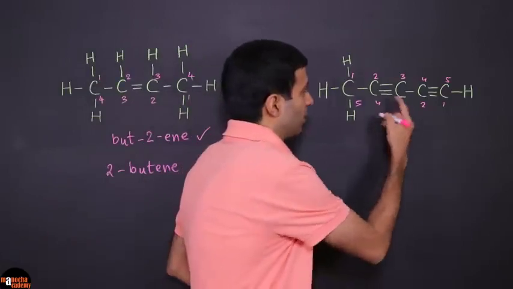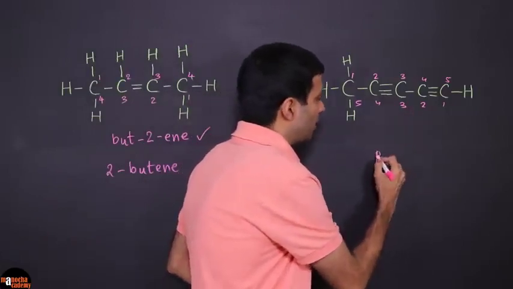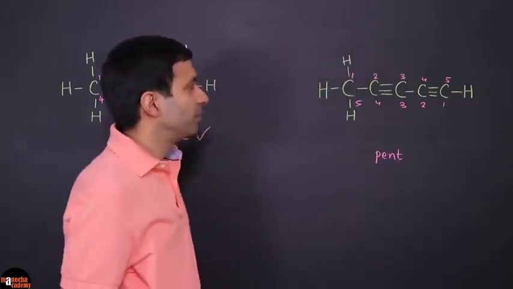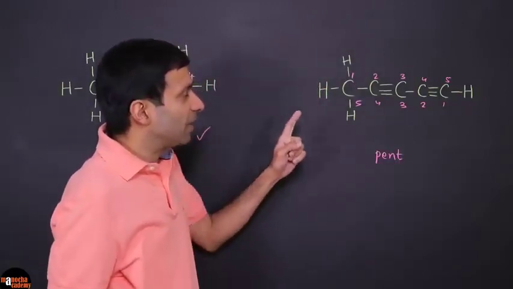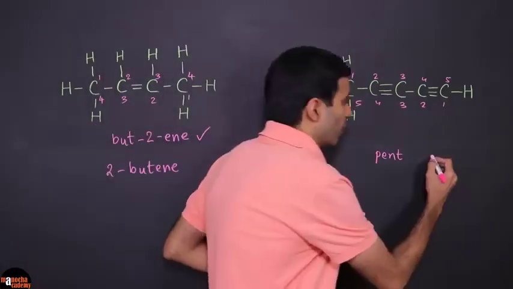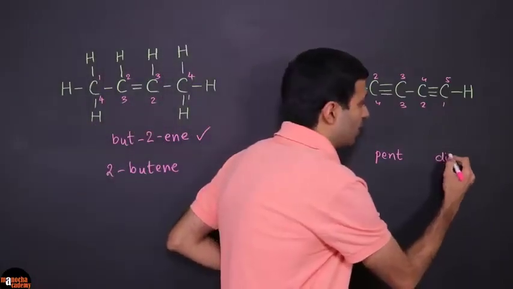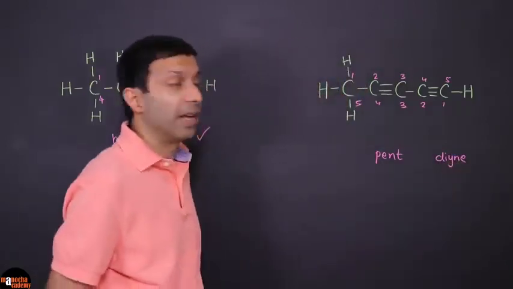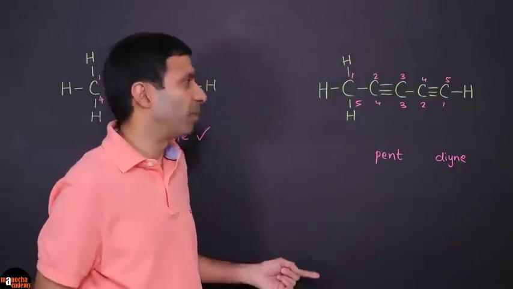So first the name's going to start with pent because there are 5 carbon atoms here, and it's a diyne because there are 2 triple bonds. So I'm going to write that here. It's a pentadiyne, but I need to specify the position of the triple bonds.